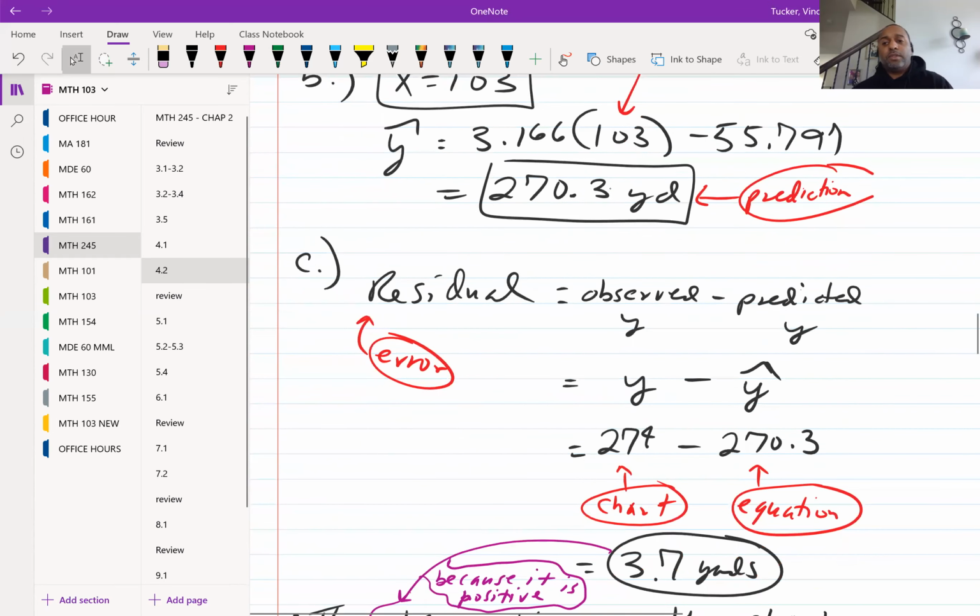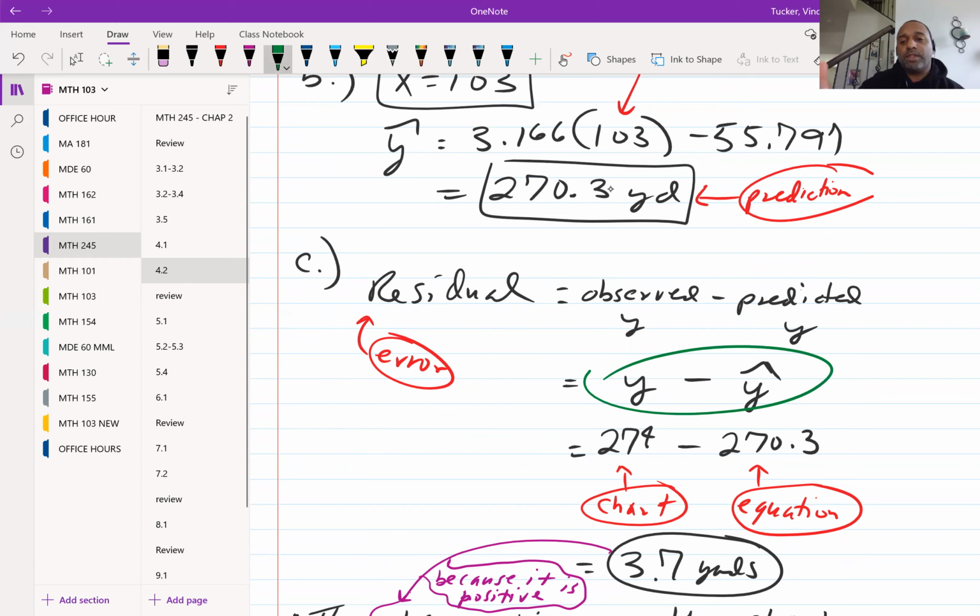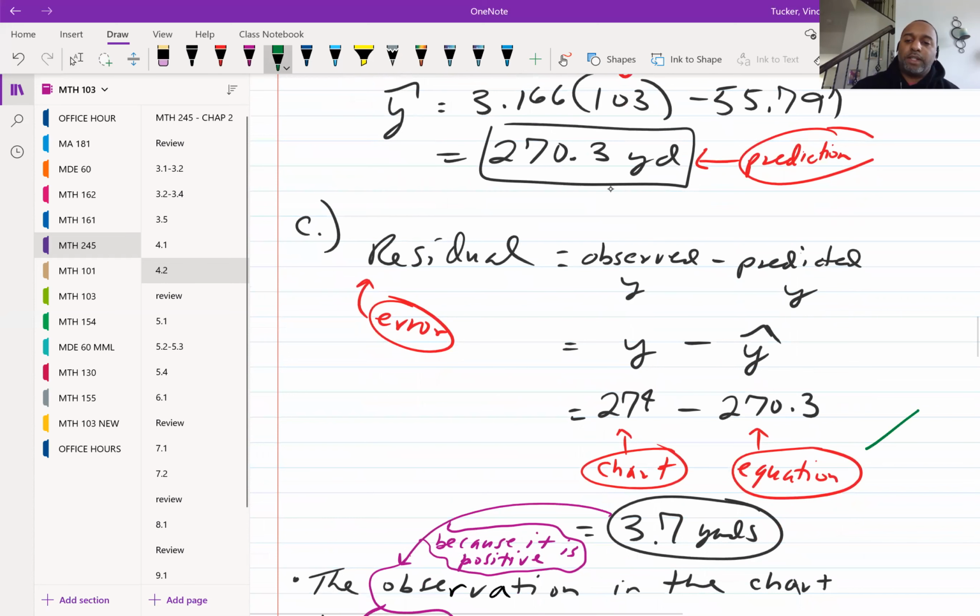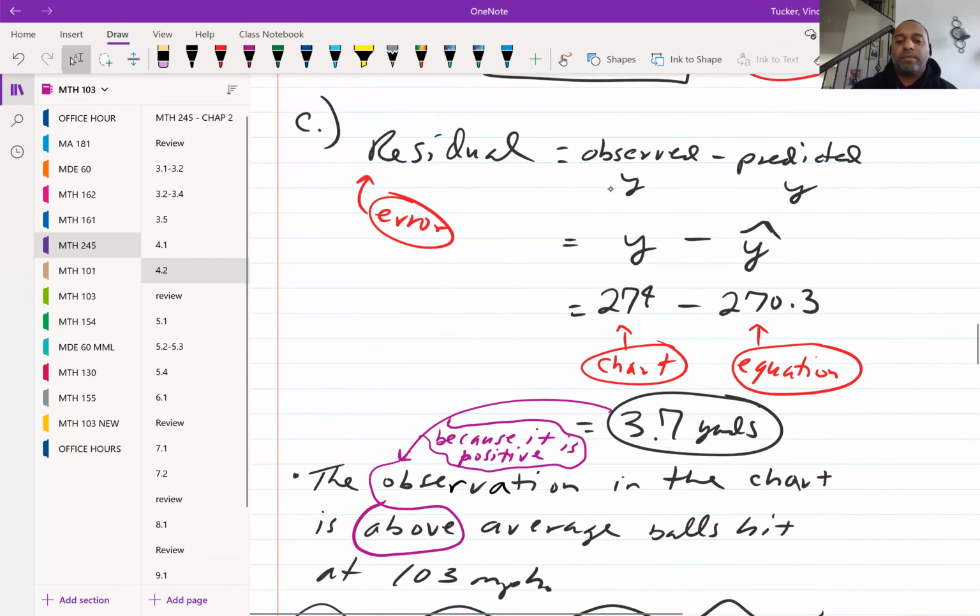All right, so take your observed Y minus the predicted Y. And this right here is just a symbolism for the two, Y minus Y hat. 274 minus 270.3. I got that one from the chart and the other one from the equation. That's another way of looking at it.